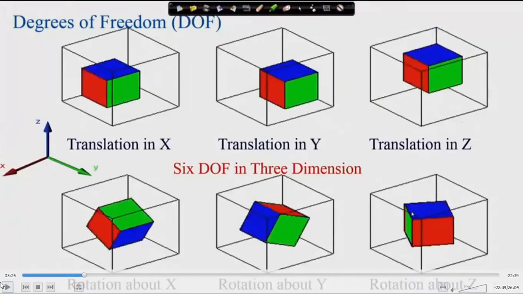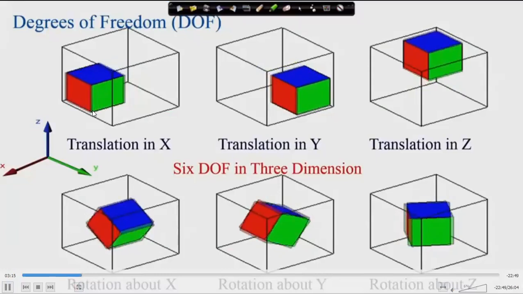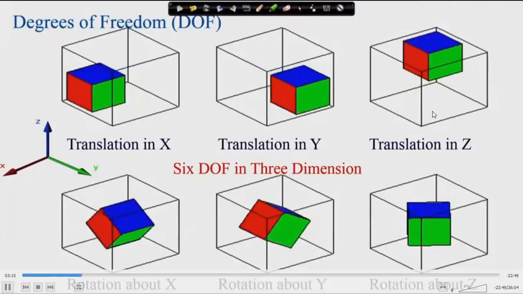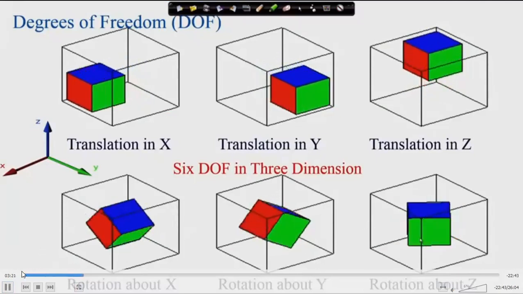So that means an object in three-dimensional space has 6 degrees of freedom: 3 linear translations and 3 rotations. Again, I'm showing linear translation in x, y, z directions, and rotation about x, y, and z.